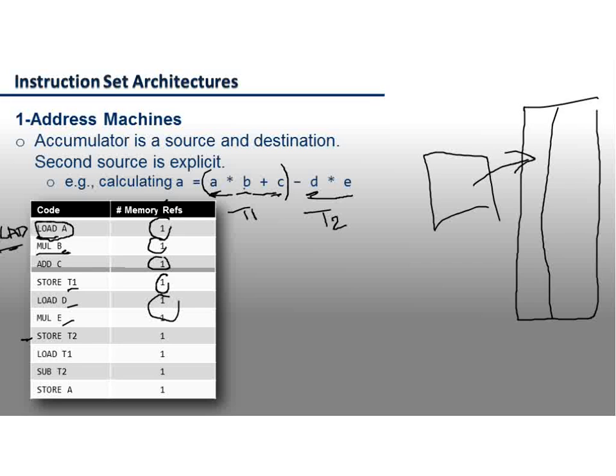Now, after this is done, we need to load the value of T1, and then we subtract T2 from it. We store T2, but we still have it. You don't have to store it if you don't want to, but in this instruction it stores T2. Then we load T1 and straight away subtract T2 from T1.